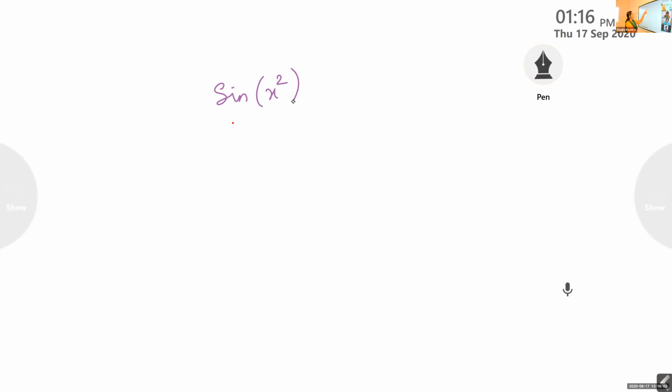How many functions can you find here? Which are the functions? Can you name the functions present here? Tell me, children.